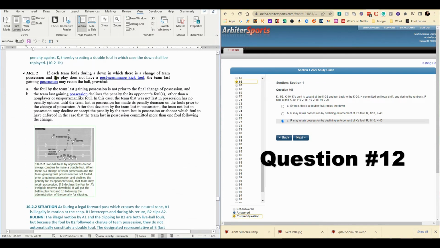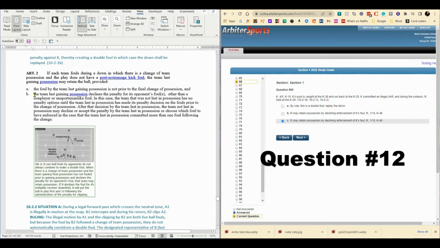10.2.2 says if each team fouls during a down in which there's a change of team possession, right, and the play does not have a post-scrimmage kick foul, the team last gaining possession may retain the ball provided. And so this is not a post-scrimmage kick foul. R fouled after the ball was caught, so the post-scrimmage kick ended at the time the kick ended.